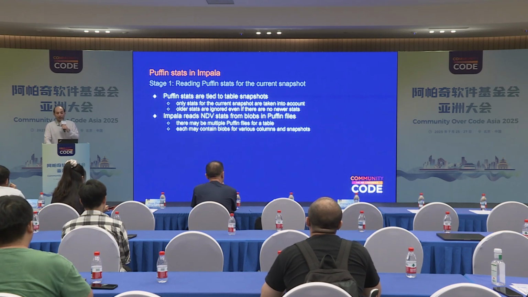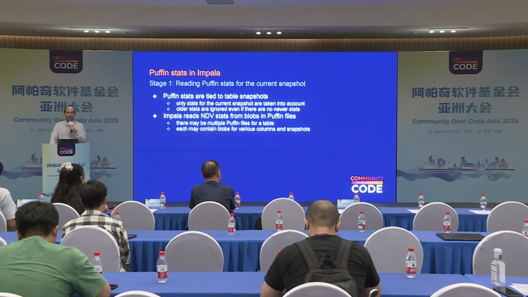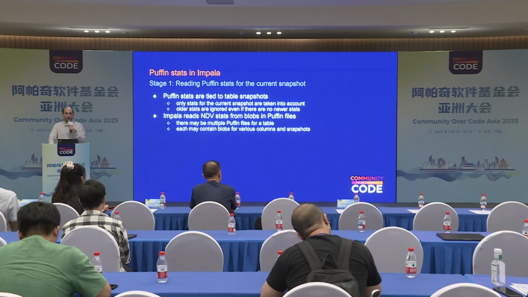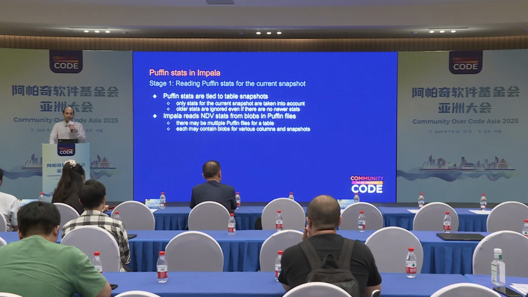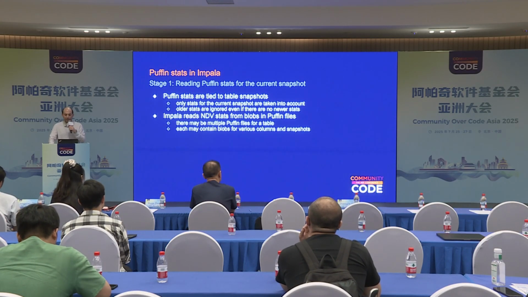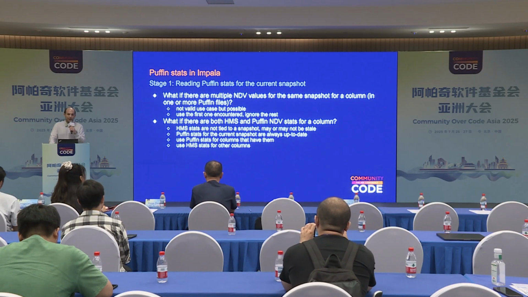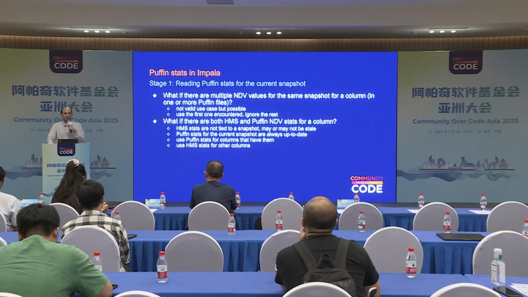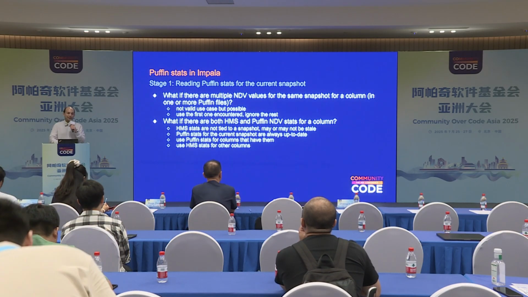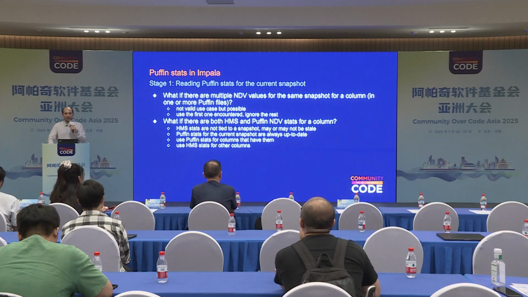I'd like to say also that in general, for a Puffin table, you can have several different Puffin files, and of course in each Puffin file you have data for different columns. Now, some challenges. What happens if you've got multiple NDV values or sketches for the same column at the same snapshot? This is not something that should happen.